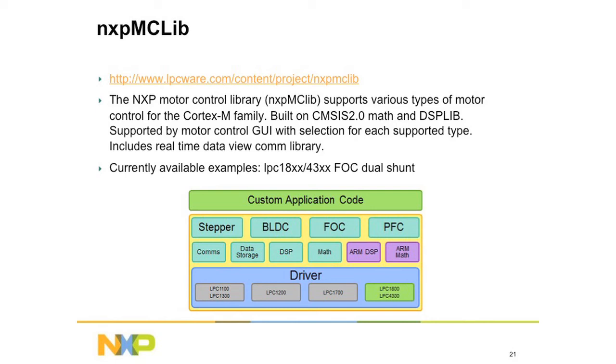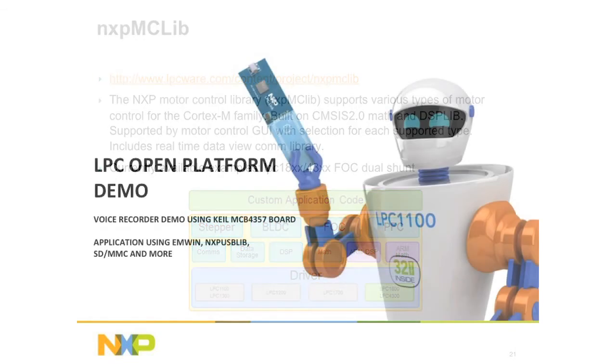It's designed in such a way that depending on which motor you want and depending on the application that you want to create, this library helps you by providing underlying functions for most of the control functions that you might want to create in your application. So it is available, but it's not part of the open platform.